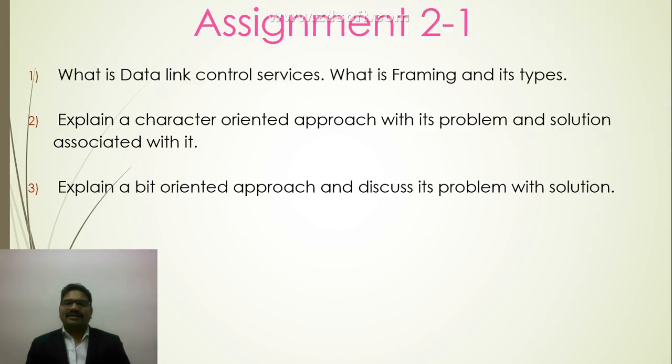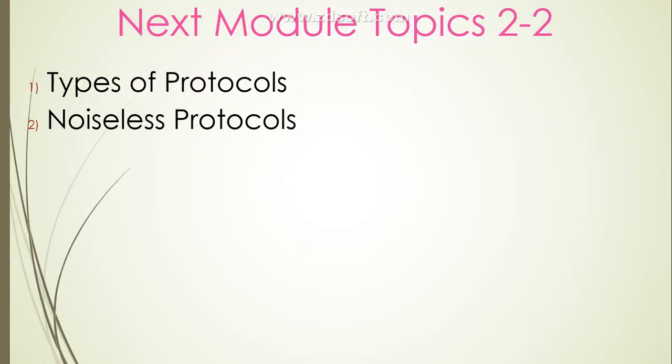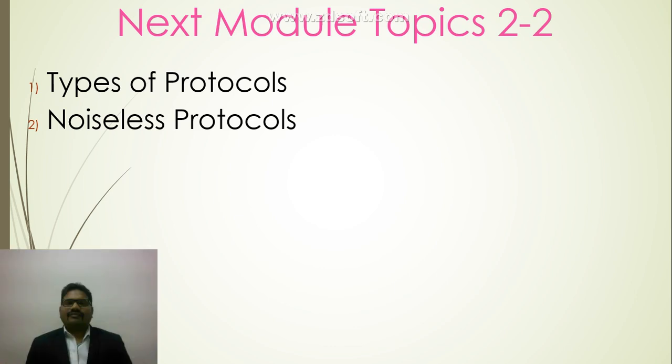Here is the assignment that you need to solve, so please note it down. In the next video, we are going to discuss the types of protocols, and then one of its types, that is the noiseless protocol.